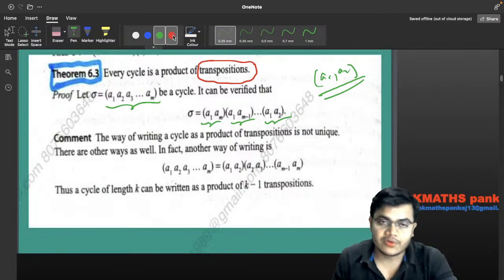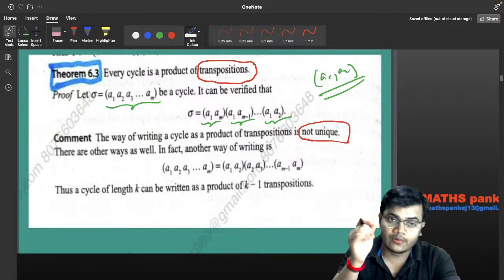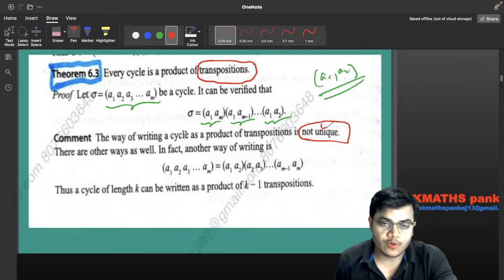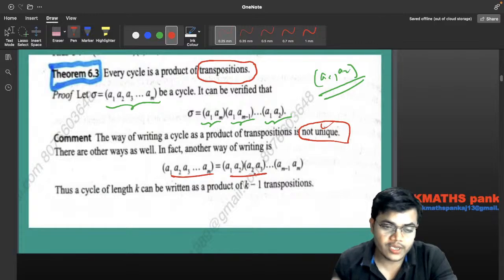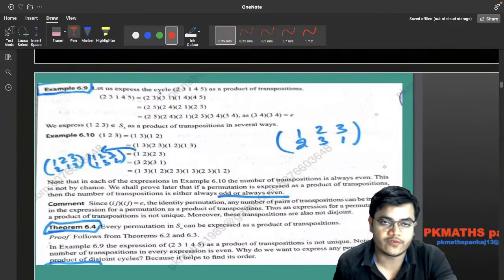The way of writing a cycle as a product of transpositions is not unique. It means you may write a particular cycle in more than one way as the product of transpositions. So let's take a few examples and thereafter we will come to the question for sure.